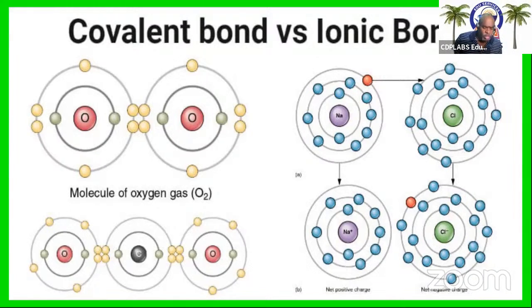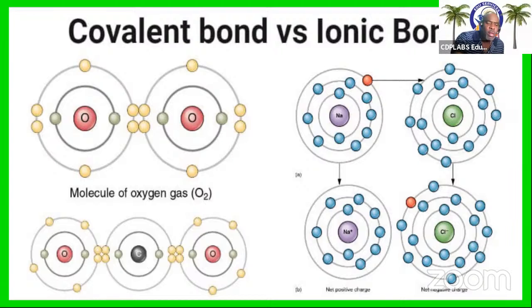Some atoms will give up their electrons to become stable, like sodium gives up its 1, so the last shell is empty. Technically the last shell is then the second shell.